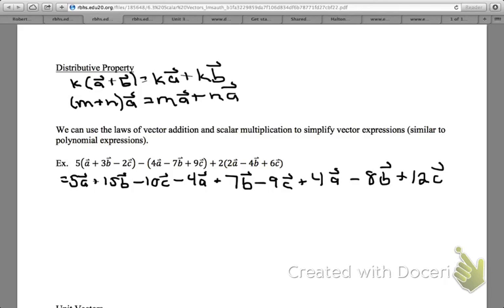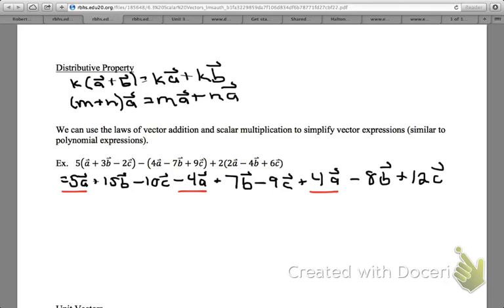And when we collect our like terms, remember our like terms need to have the same variables. So in this case, they need to have the same vectors. So we can add 5 and negative 4 and positive 4.